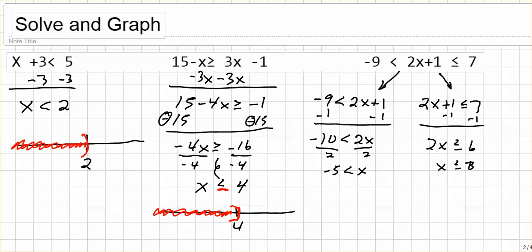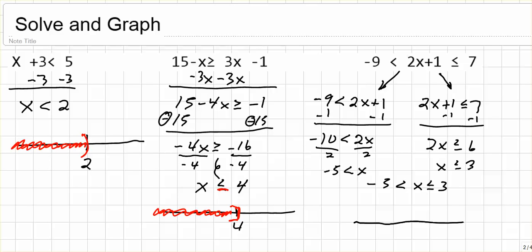Let's make a little erase here and bring in 3. So if we combine these together, minus 5 is less than x, which is less than or equal to 3. To graph that, we'll put in a minus 5 and a 3 on our number line.